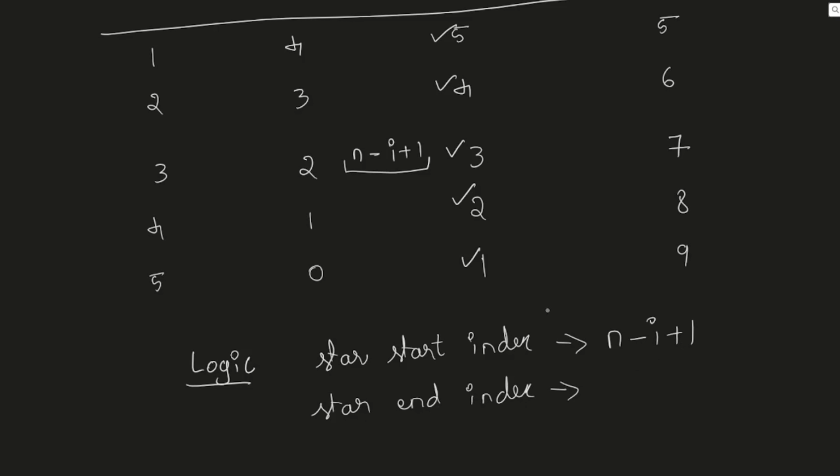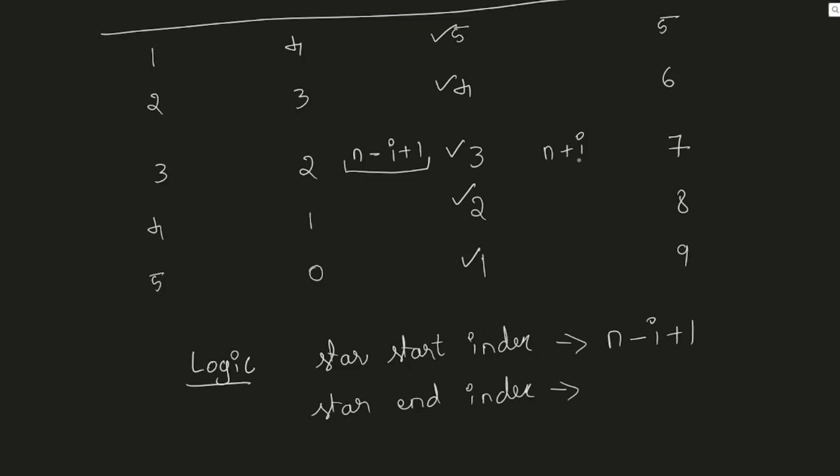Moving on to star end index, here the pattern is the numbers are getting increased from n. How can we get these numbers? Can we use the same method over here? We can have n for row 1, we have 5. How can we get 5 over here? Since the values are getting increased, we can add the value of I to it.